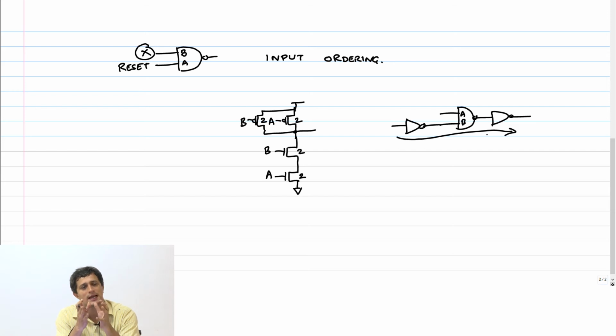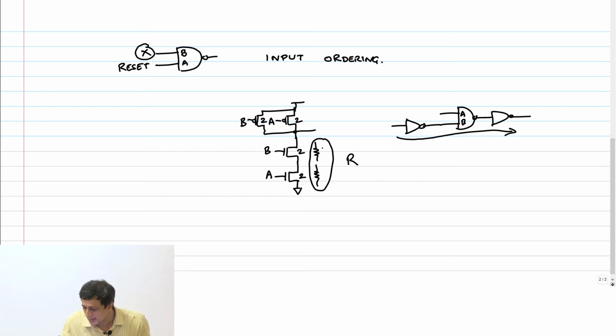Logical effort is a measure of the capacitance offered for a given pull down resistance or a pull up resistance on the stack. So the resistance is actually coming from the stack. It's not just from that one transistor, because there is one resistance from here, another resistance from here. These two together give me a resistance R.